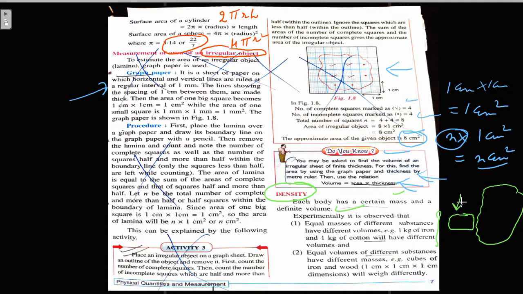Both would be equal, 1 kg is here, 1 kg is here, but their volumes would be different. So equal volumes of different substances have different masses, like cubes of iron and wood. They will weigh differently. The process to measure their weight would also be different, right?